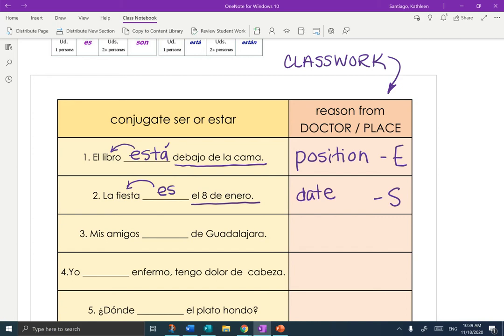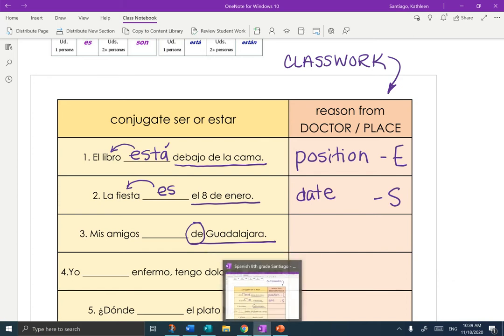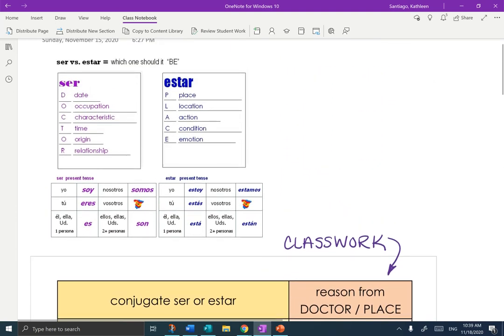Número 3. Mis amigos blank de Guadalajara. Well, Guadalajara is a city in Mexico, but you need to be careful. This word is important. They're not in Guadalajara. They are from Guadalajara. So from Guadalajara, what word does that match?